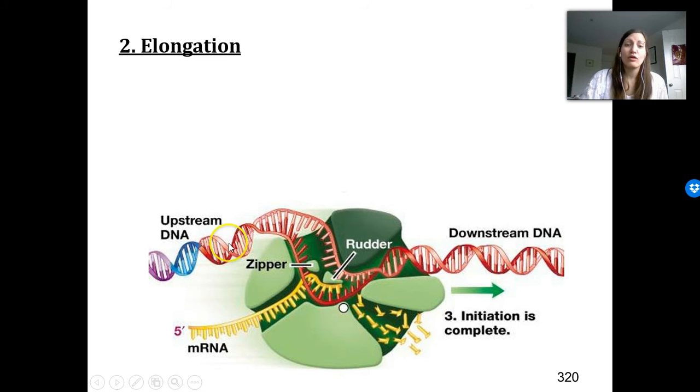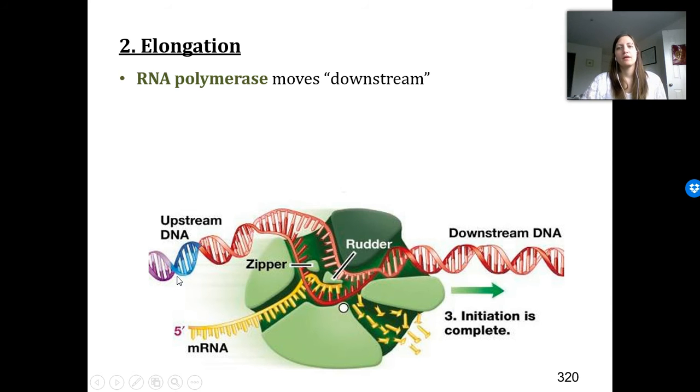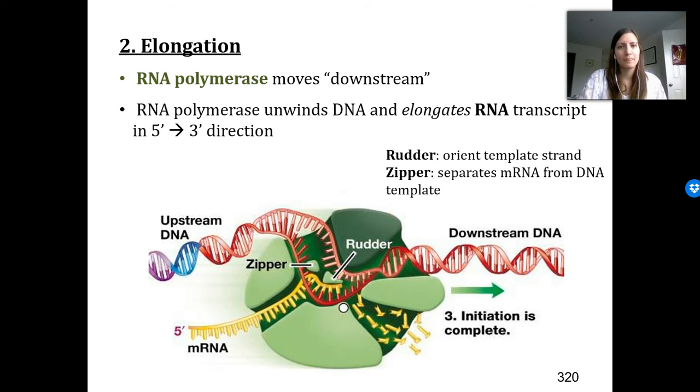You can also see this is the old DNA that's already been copied, and there's the remnants of that promoter. So this RNA polymerase begins moving downstream, as in it was upstream, and then it just keeps moving downstream. It just keeps moving down this DNA molecule to copy it.